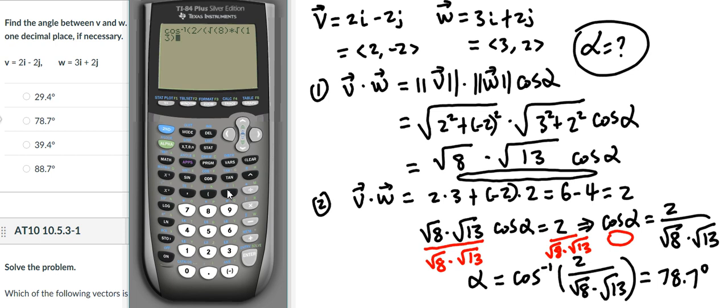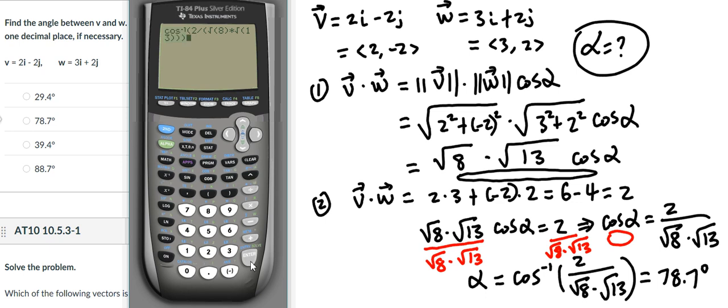Okay, so this 13 is in the bracket, and we have another bracket which goes with that, and we have a third bracket, which means this bracket pairs with the one right here.